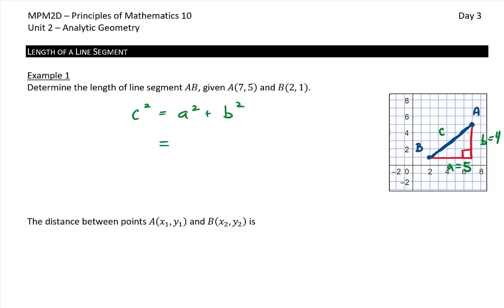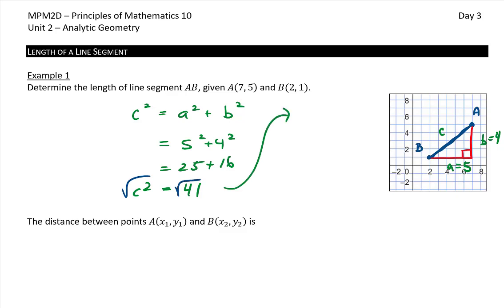So C squared is equal to 5 squared plus 4 squared, which is 25 plus 16, and 25 plus 16 is 41. But since we want to find the value of C, we are going to square root both sides, and we get that C is equal to the square root of 41.